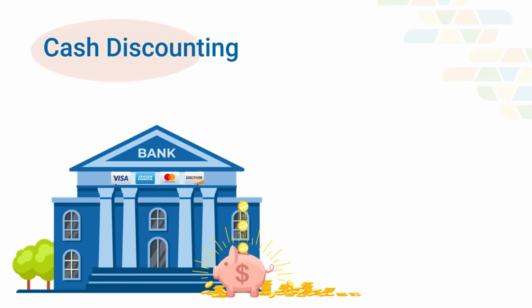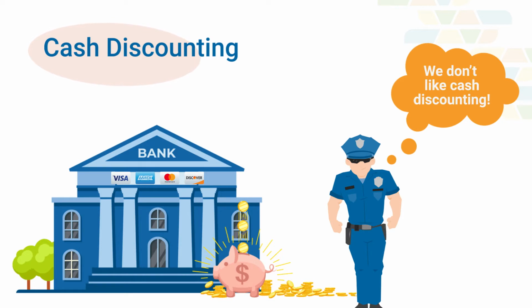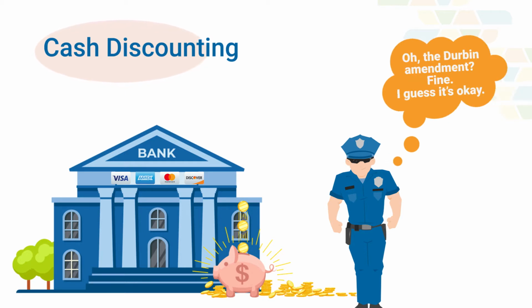So on a quick side note, Visa made a rule that restricted cash discounting because arguably it discouraged the use of credit cards in some cases, and the banks and the credit card associations didn't necessarily like that. The Durbin Amendment overturned that as they made it legal to give a cash discount or an incentive discount, as it was referred to, and that made it okay to give the cash discount, so it was actually upheld.